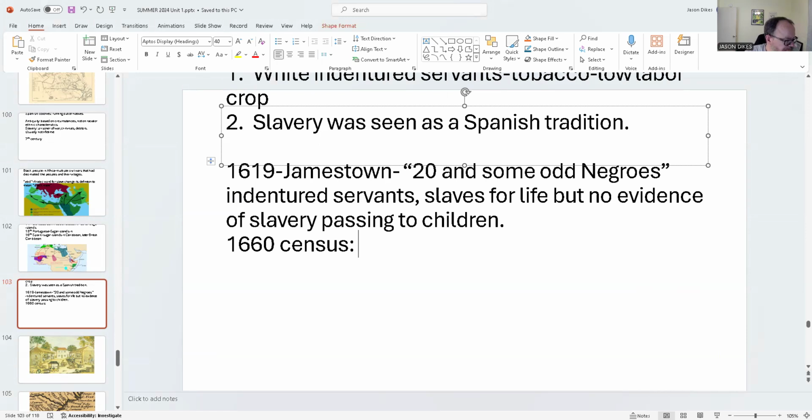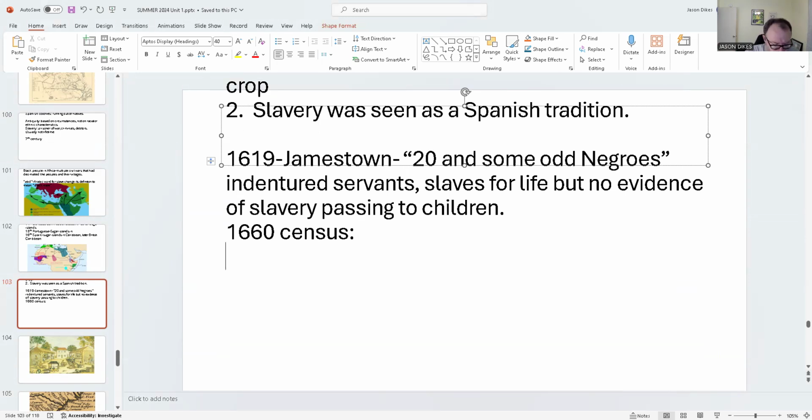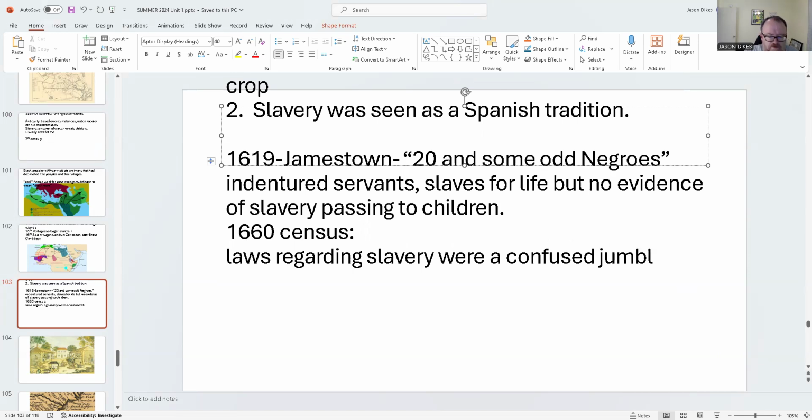And the laws regarding slavery were a confused jumble, probably depending on which part of Virginia you were in as to whether or not slavery would be permanent or temporary or an indentured servant thing.